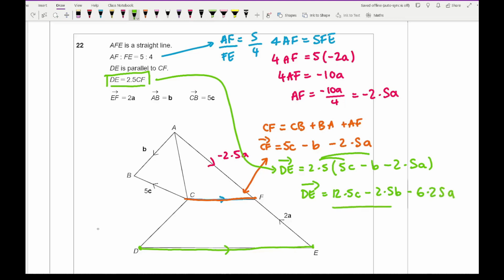And there is my final answer. Now you could give your answers in terms of fractions, in which you'd end up with 25 over 2 c minus 5 over 2 b minus 25 over 4 a. So that would have been absolutely valid as well.